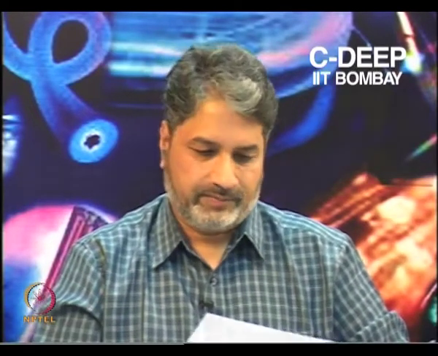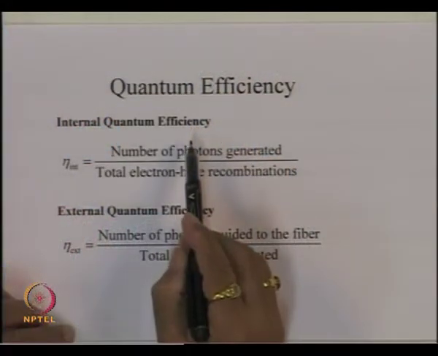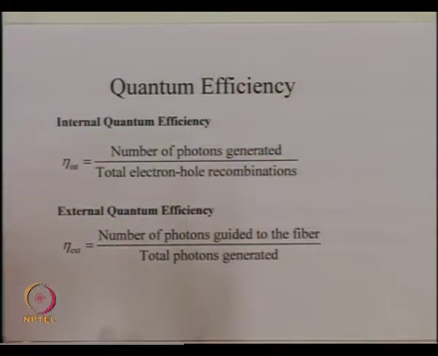So, then one can define now quantitatively what is called the quantum efficiency, which is the conversion of the electrical energy to photons. Now, generally the quantum efficiency is divided into two parts. One is what is called the internal quantum efficiency, which has something to do with the photon generation process.